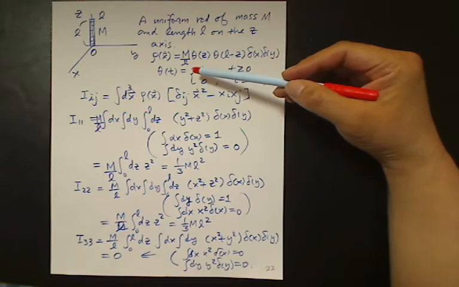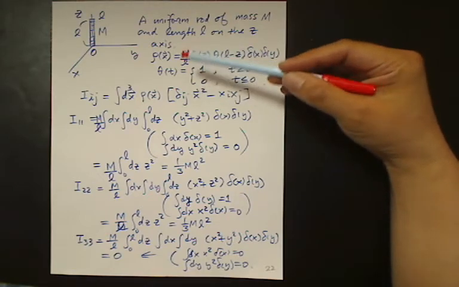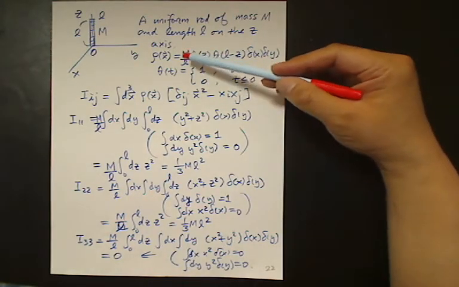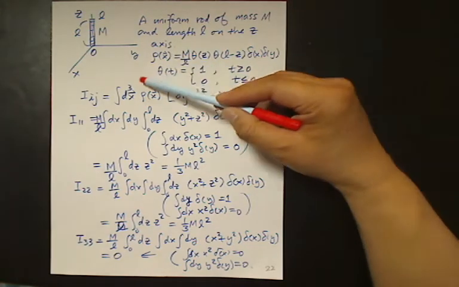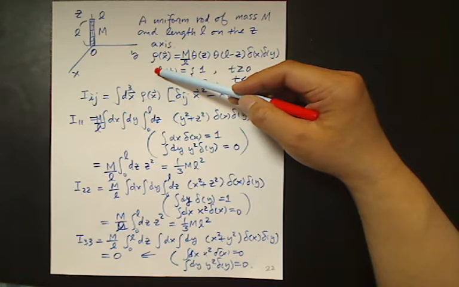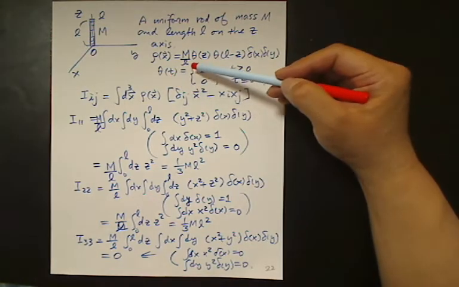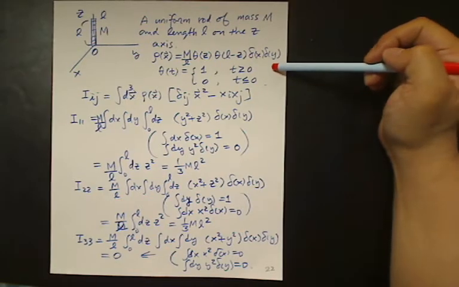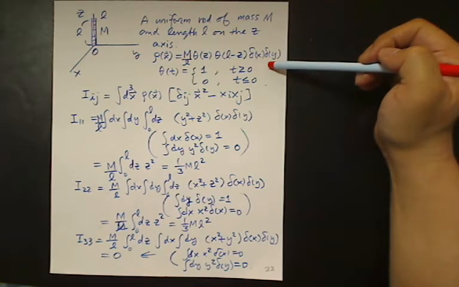Just like what we have discussed, this is mass divided by length. However, this density is mass divided by volume. The reason why we need two more factors in the denominator is the introduction of the Dirac delta function.